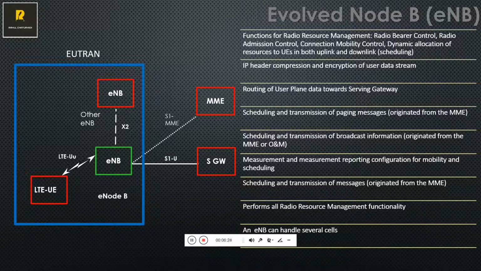It performs all RRM functionality, radio resource management, and E node B can handle several cells.